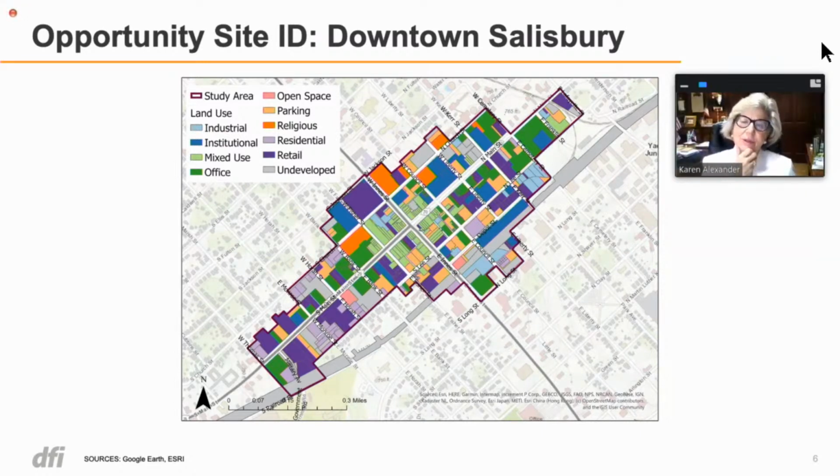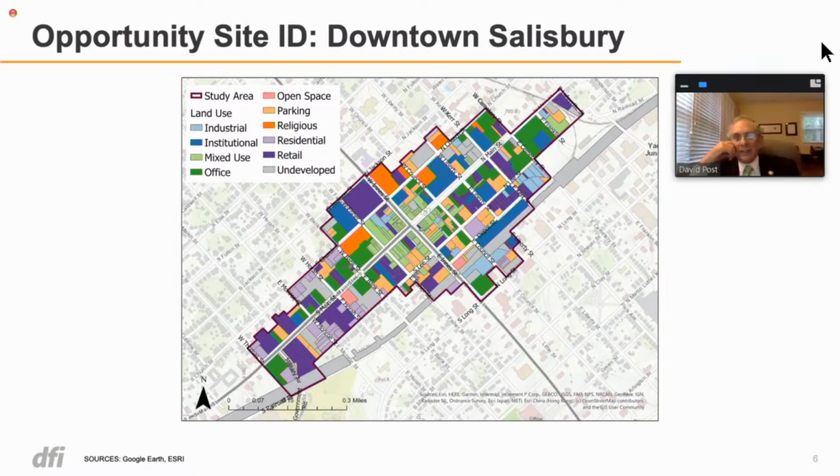Well, it's got the entire 100 block of South Main is mixed use, when the ground floor, of course, is predominantly retail, and the upper levels are predominantly vacant.